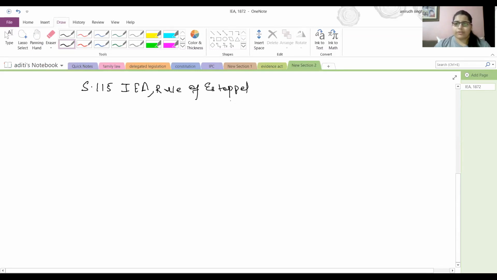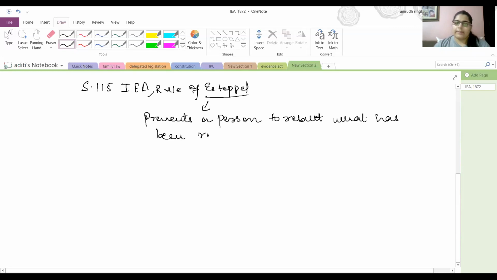Now, what does the rule of estoppel mean? It basically prevents a person from rebutting what has been represented by him. What does this mean?